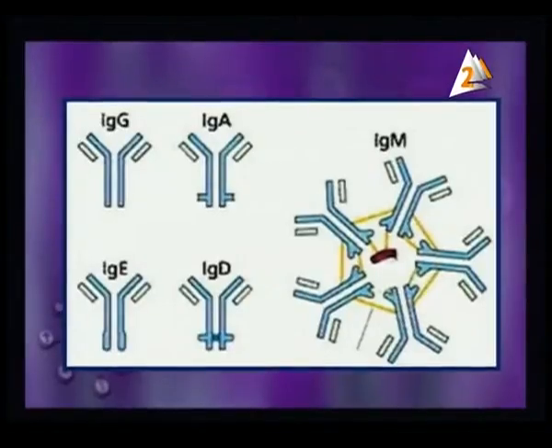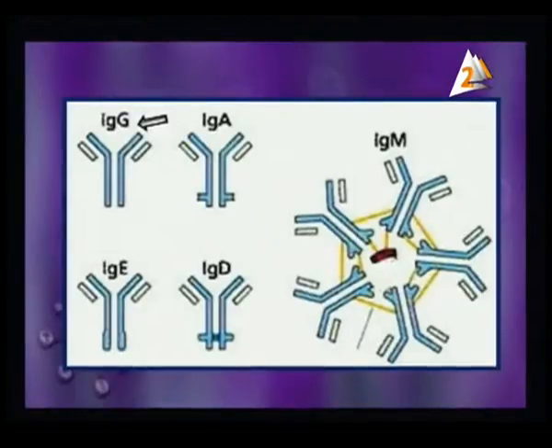So we have antibody A, antibody E or IgE, IgD, IgM, and IgG. Each one of these 5 types has its own antigen which it binds to or recognizes.